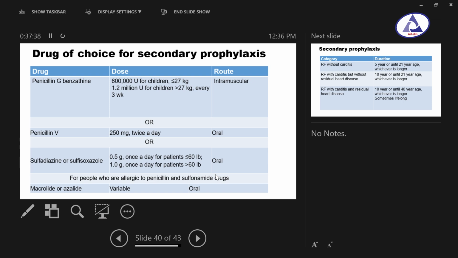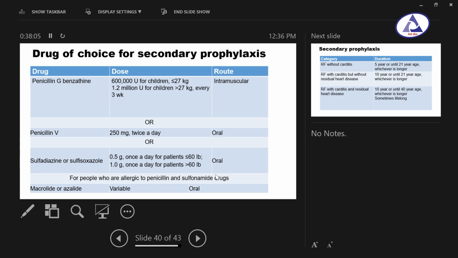Drug of choice is penicillin G, benzathine penicillin, or phenoxymethyl penicillin. If the patient is hypersensitive to penicillin, then we switch over to sulfadiazine, or macrolide group of drugs, that is erythromycin. These are the drugs of choice for secondary prophylaxis.